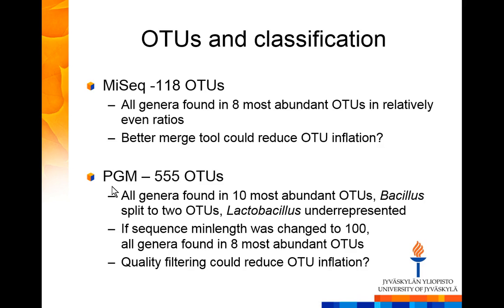For PGM, we actually had many more OTUs, which may be because for PGM the typical error is a homopolymer error. When you have several copies of the same nucleotide, PGM is not as good at dealing with those regions. So that's the error for PGM, and apparently that leads to seeing more OTUs.